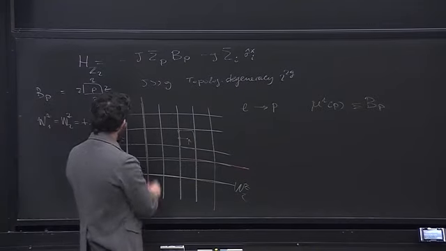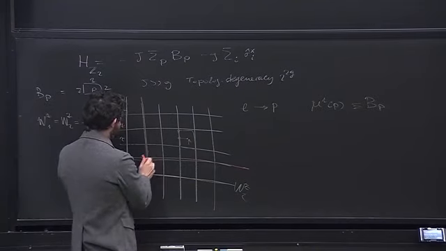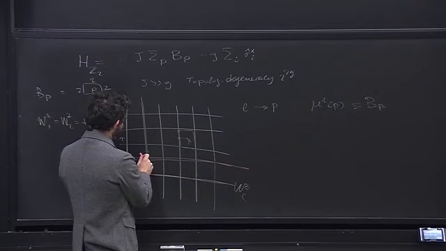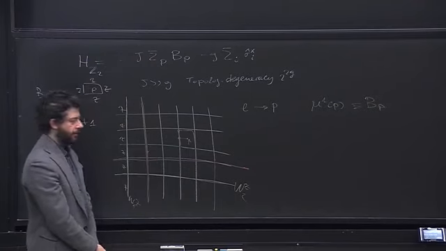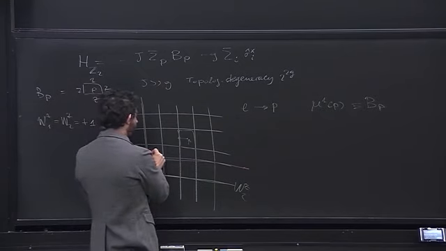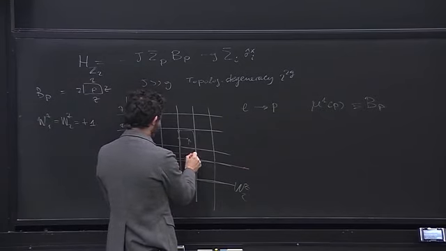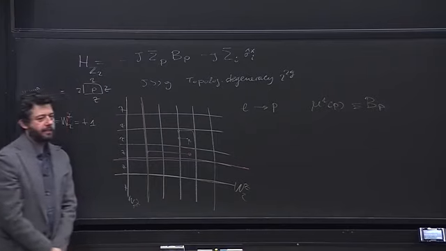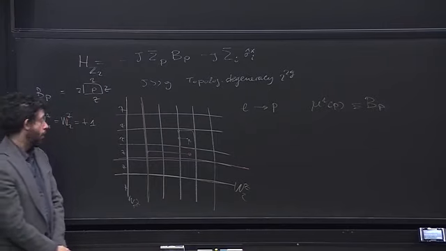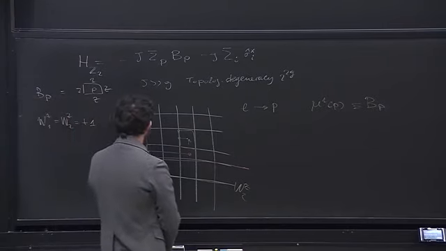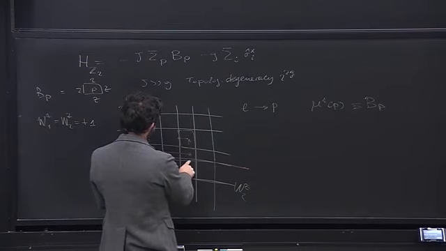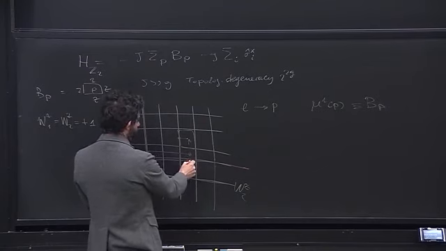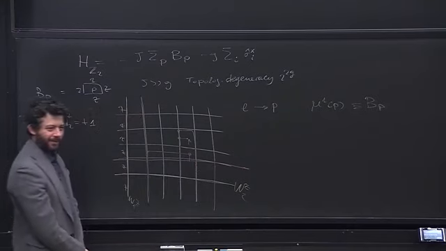And then I can define the string that goes from the first link on the reference line to the right until I meet some plaquette P. Or, for the same plaquette P, I could also come from here.